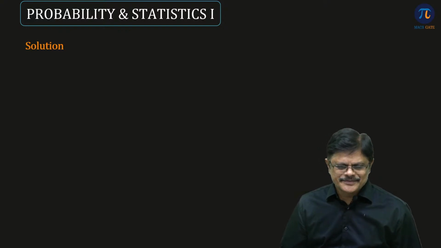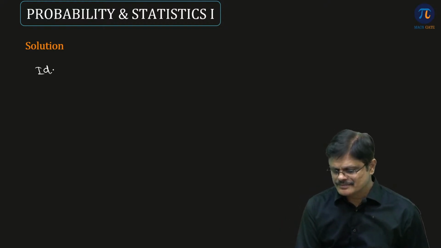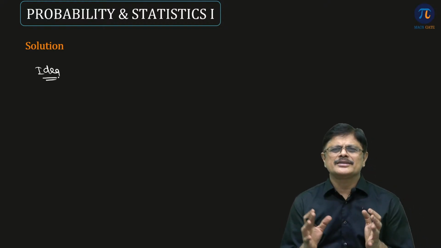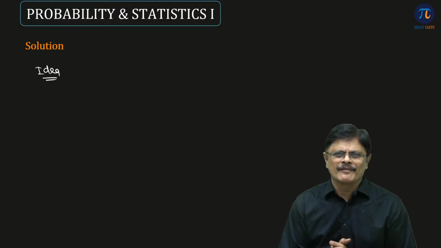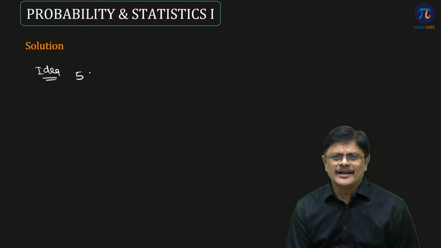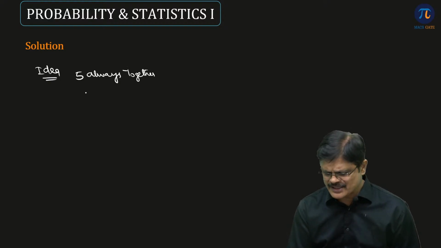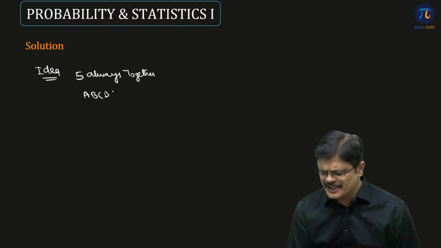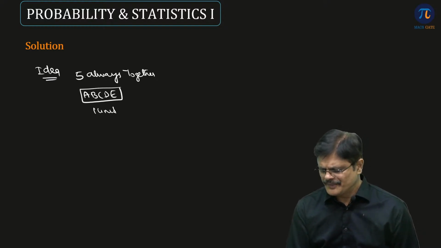Hope you understand. Always remember this idea. Whenever you want 2 members together, 3 members always together, or 4 members always together, in such cases, suppose you want 5 members always together. Let them be A, B, C, D, E. Tie them up. They become 1 unit, with the remaining 5 units.